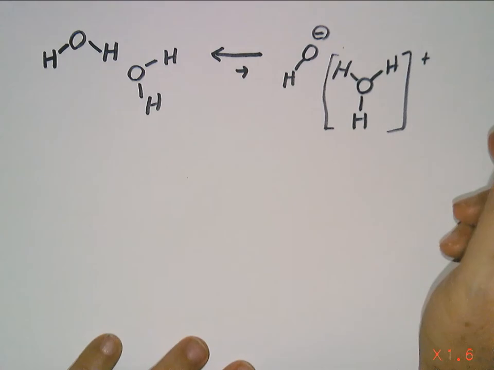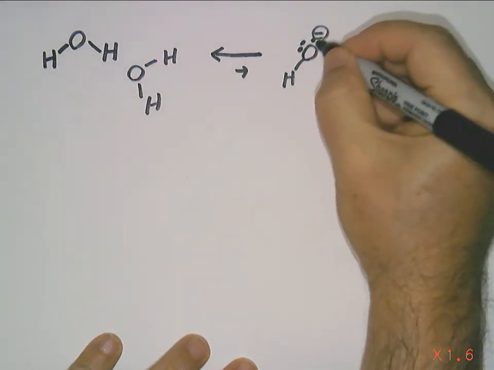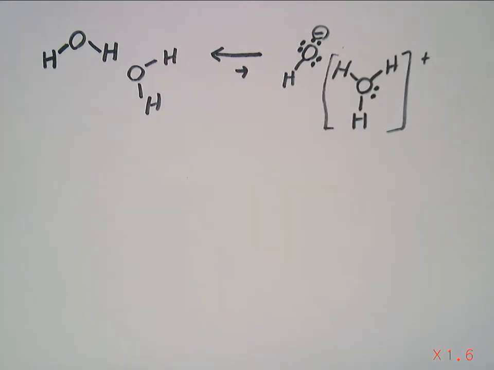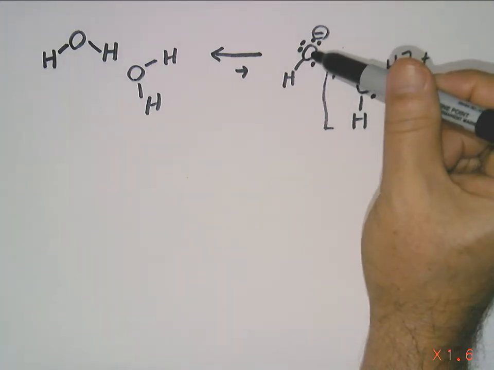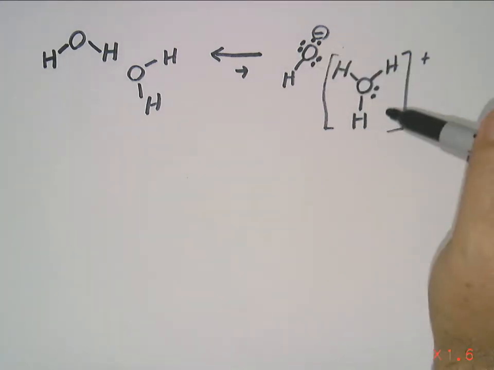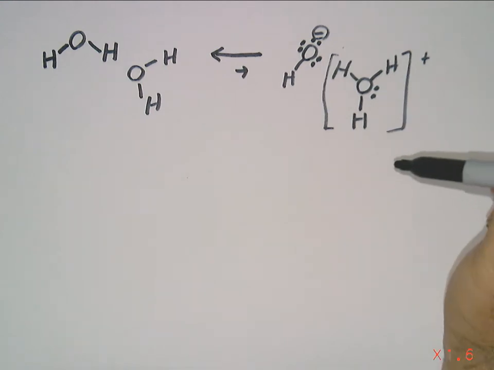We don't have the whole Lewis structure for that. Well, I'll finish it. Later on we'll draw Lewis structures for things like this, but you're getting something like this happening. Now you've got a negatively charged broken piece of water. It's called a hydroxide ion, and a positively charged piece of water. And now you can conduct electricity just a little bit with regular water.